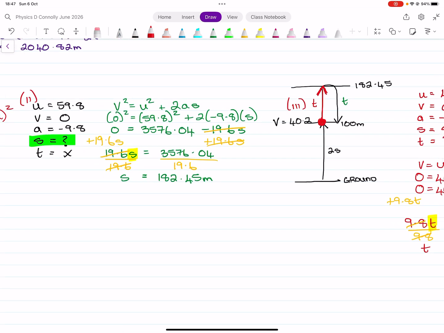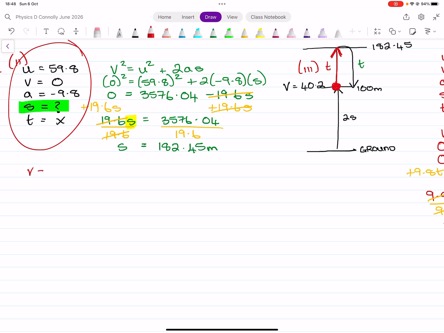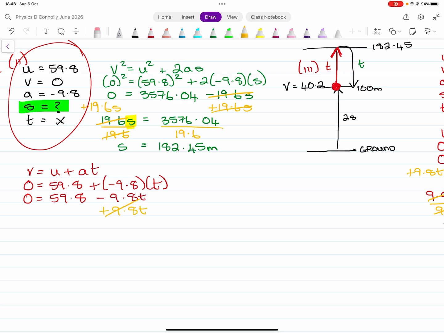I'm wondering now, could I have used this to get the time for the whole journey? I'm going to try this too. v equals u plus at, so 0 equals 59.8 plus minus 9.8 times t. 59.8 minus 9.8t. And that gives me plus 9.8t to cancel and plus 9.8t.